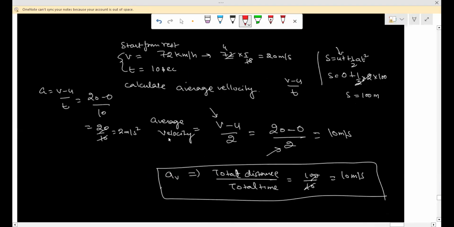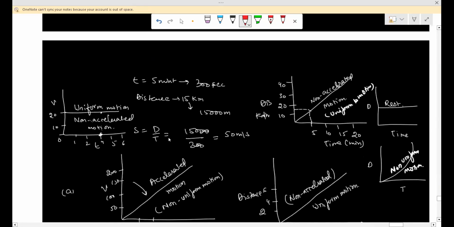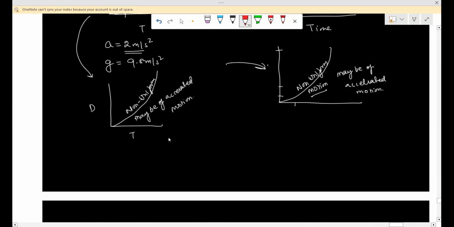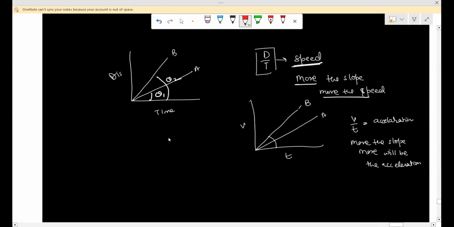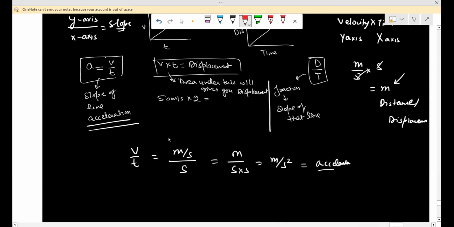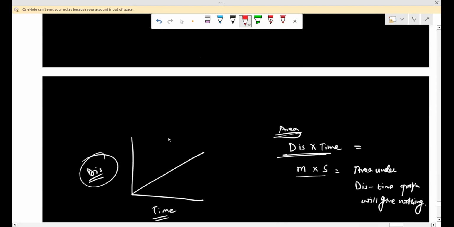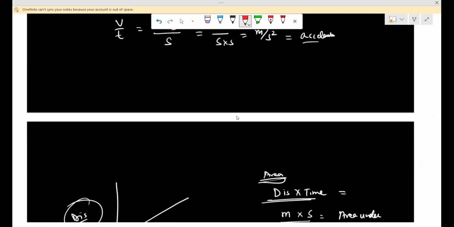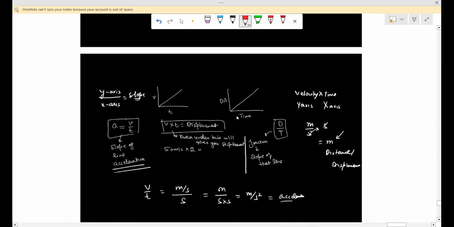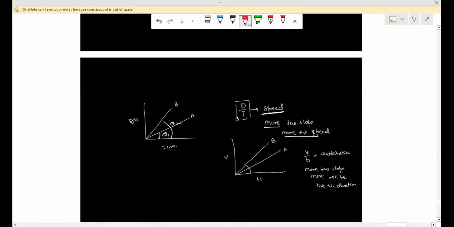Okay, now let us discuss. I'll be giving you more numericals on this in the assignment. Now we're going to discuss the graphical method. First write this part.